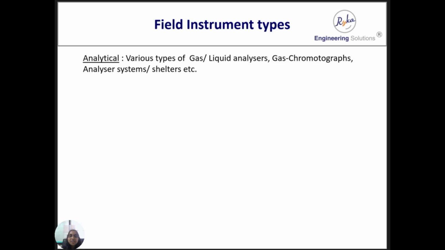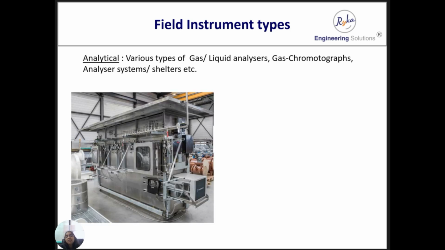And in liquid analyzers, there are pH analyzer, conductivity analyzer, ORP analyzer, dissolved oxygen analyzer, turbidity, silica, oil in water analyzer, hardness analyzer, hydrocarbon analyzer, TDS, that is total dissolved solids analyzer, and analyzer shelter. Analyzer shelter is a control room for analyzers to measure accurate reading in adverse conditions.